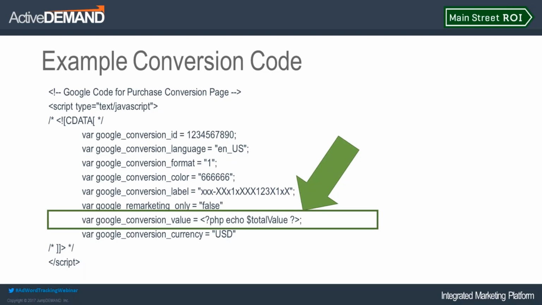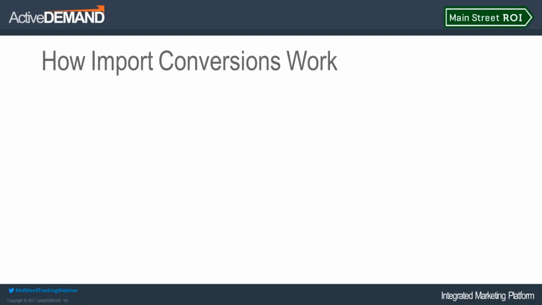And if your site was built on PHP code, that would be an example of how the code would look on the page. That's just putting the variable total value into the code. And that's essentially what you need to do, but it depends on what shopping cart you're using what that actual variable and what that code would actually look like. So you would have to edit that. So that's on the e-commerce side of things.